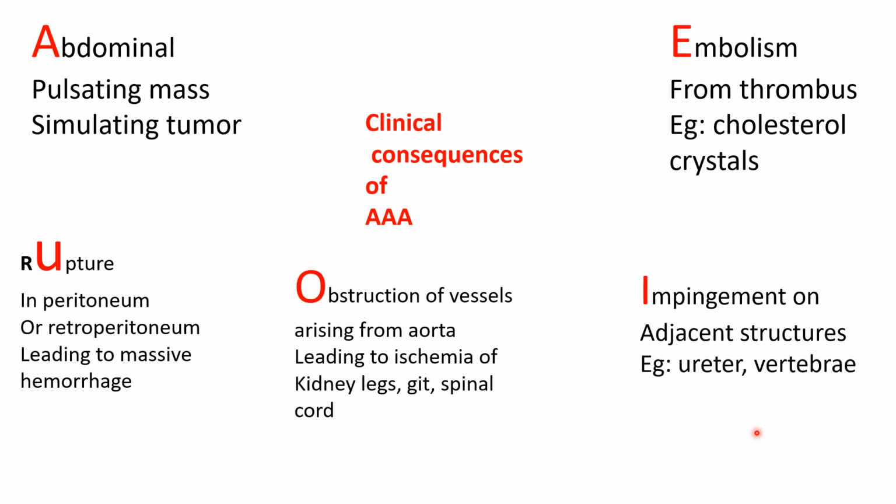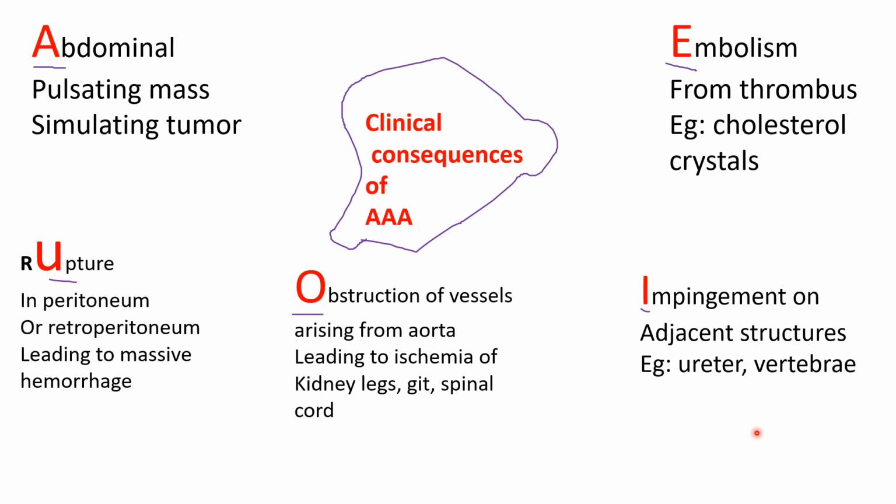Now let's learn what are the clinical consequences of abdominal aortic aneurysm. A simple way of remembering this is by remembering the alphabets that form the vowels in the English language. That is A, E, I, O and U. So A stands for abdominal pulsating mass.